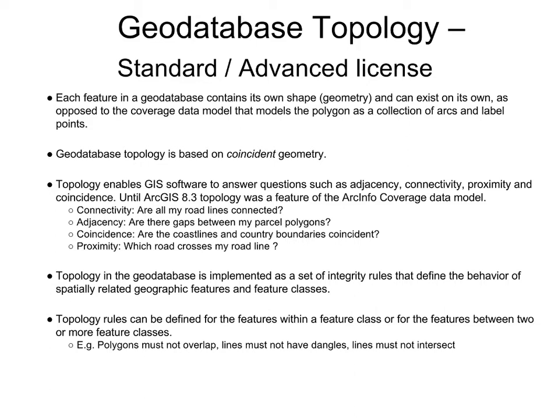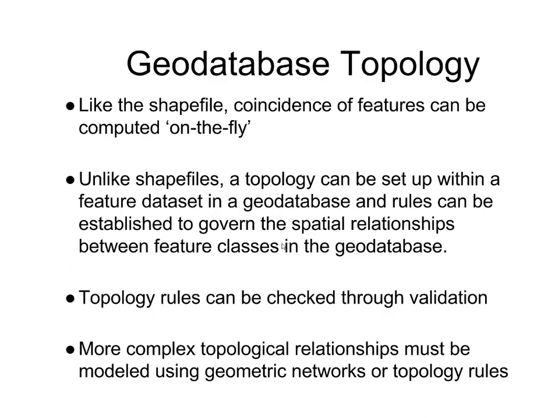So anytime you want to model geodatabase topology through a set of rules, your feature classes that are going to participate in the geodatabase topology need to be in a feature data set. Remember, feature classes in a feature data set must all have the same spatial reference. Within that feature data set, you can then define a set of rules that help you to model how real-world features are connected or related to each other spatially.